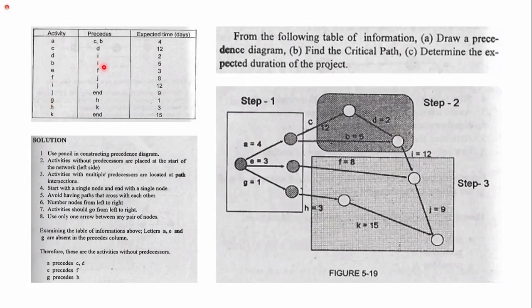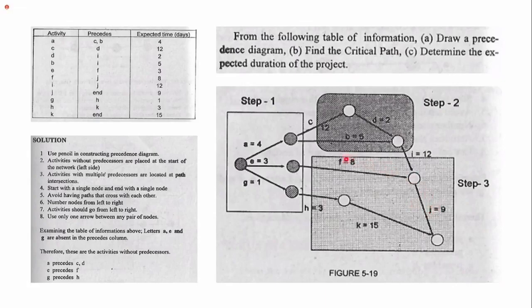Next, E precedes F. So this is another path. Then F precedes J, where J is the end.